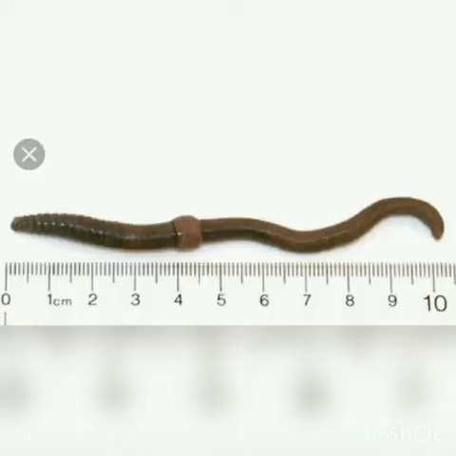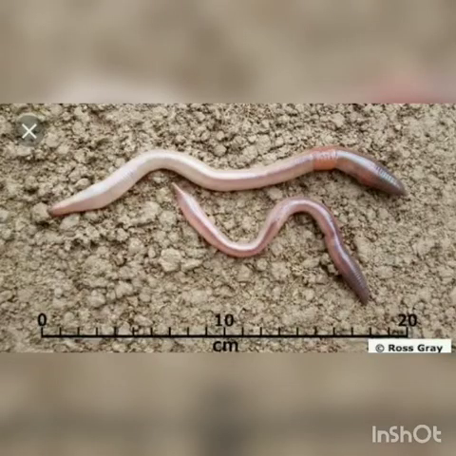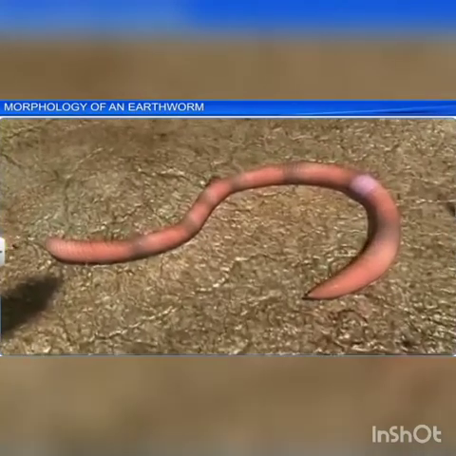It ranges from 80 to 210 millimeter in length with a diameter of 3.5 to 5 millimeter. It is light brown in color. This color of the earthworm is mainly due to the presence of porphyrin pigment.